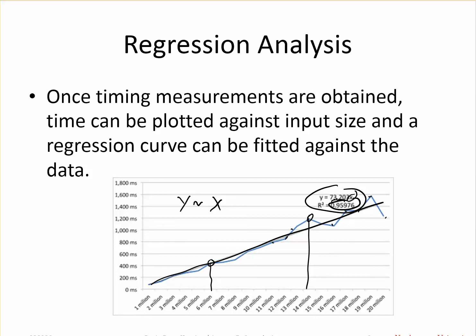So we know it has pretty good predictability in the variability of the data. But right now that's not really the point. The point here is that you've got an algorithm that is linearly related to the input size. So if you double the input size, it's going to take double the amount of time. If you quadruple the input size, it's going to take 4 times as long to go through this program.